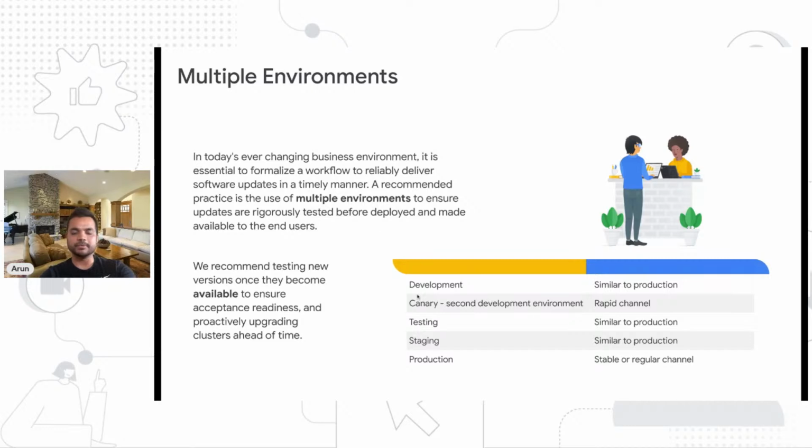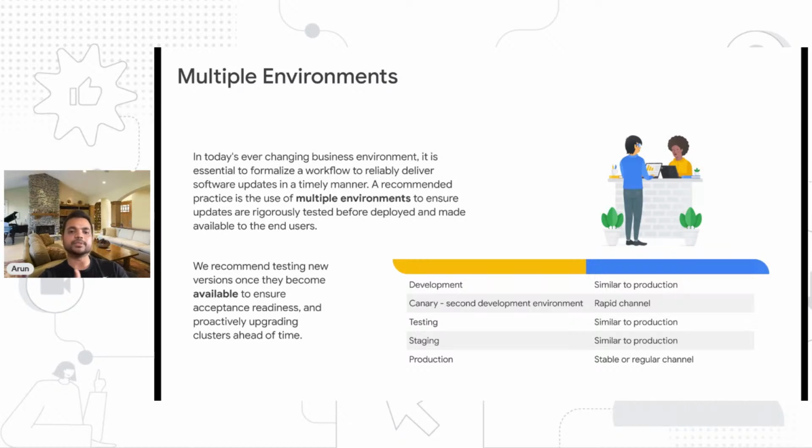If you have a development environment, keep it similar to the production one. Sometimes you are not able to replicate the entire production environment, because you cannot replicate the same traffic inflow, but try to see the past trends that you have seen.